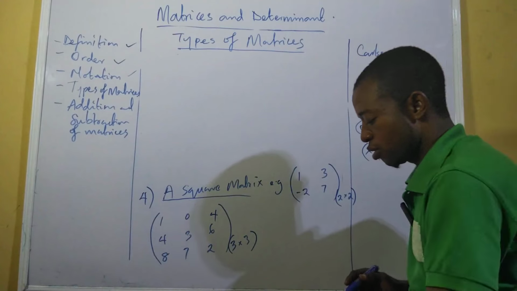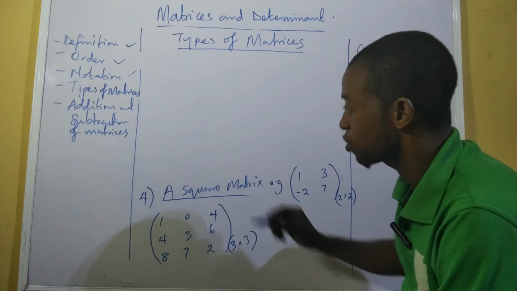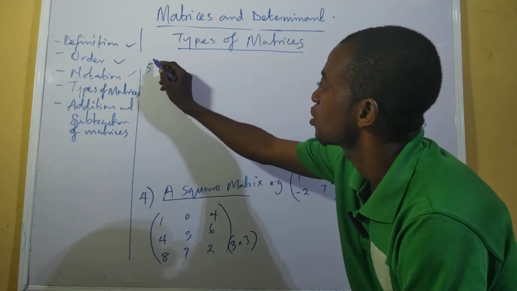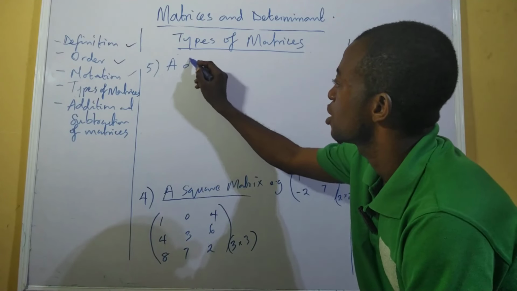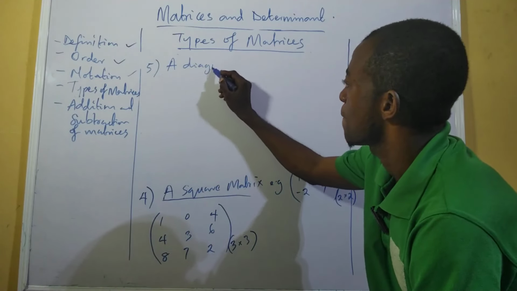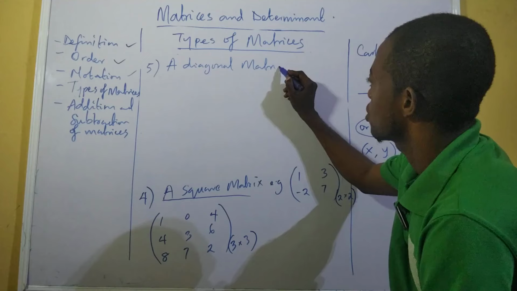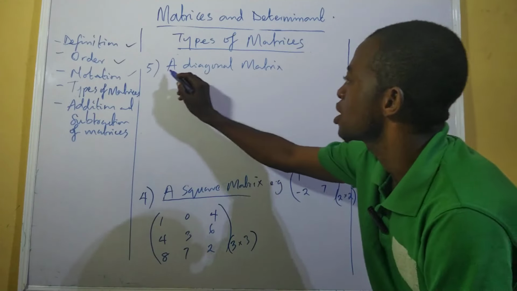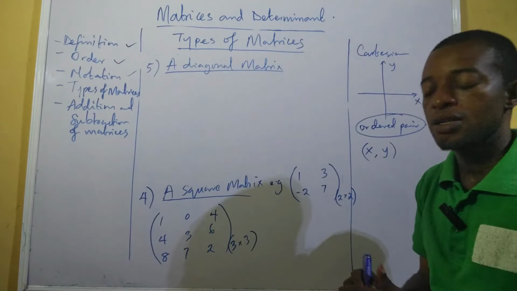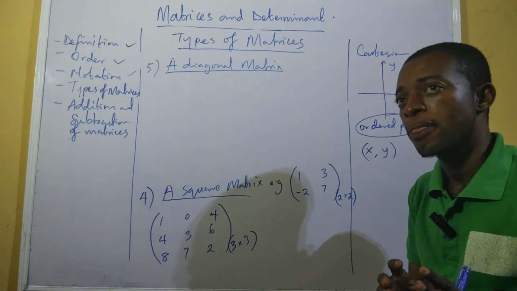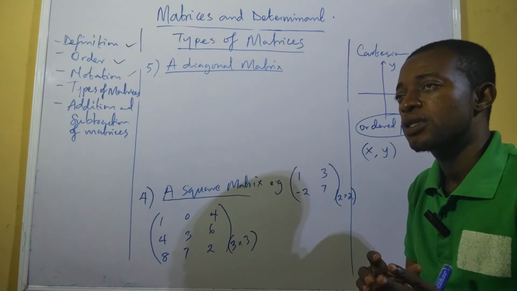So we have what is called a diagonal matrix. From the word diagonal, it contains elements only in the leading diagonal.